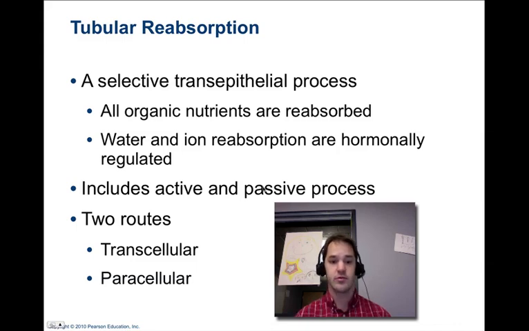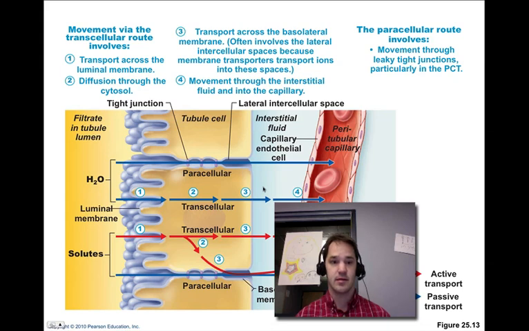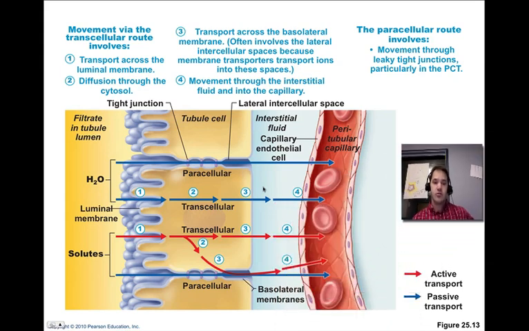So there are two routes, transcellular and paracellular. Transcellular is transport across the luminal membrane, through the cell, through the cytosol, and across the basolateral membrane, and then through the interstitial fluid and into the capillary.